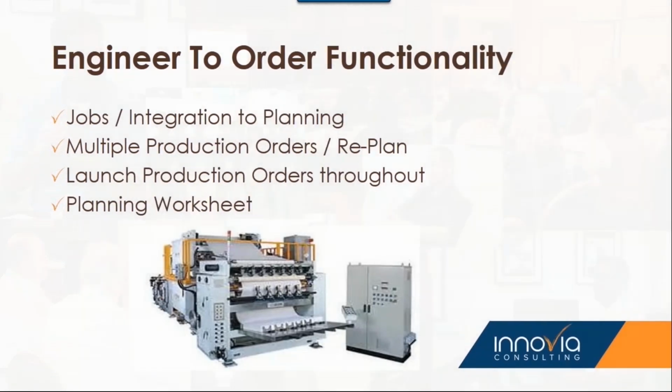Jobs might be a solution here. I know it's an underutilized module in NAV, but how would I use jobs? Let's say I've got 25 production orders to make this machine or whatever I'm making. I might recap all those in jobs, so I've got a total in jobs of all 25 production orders.